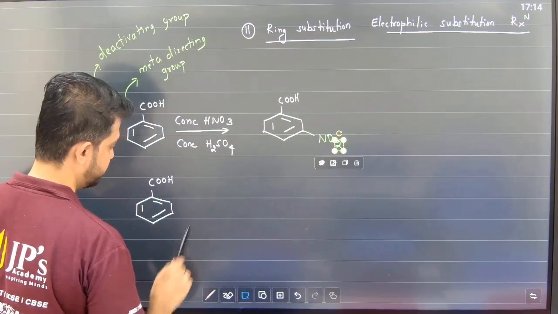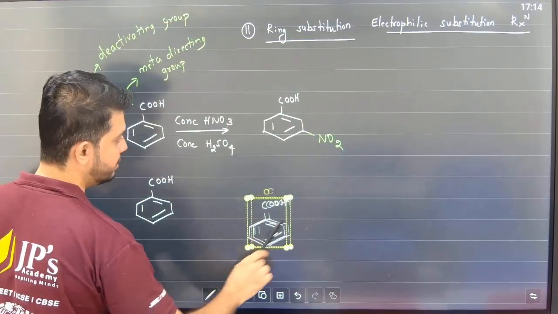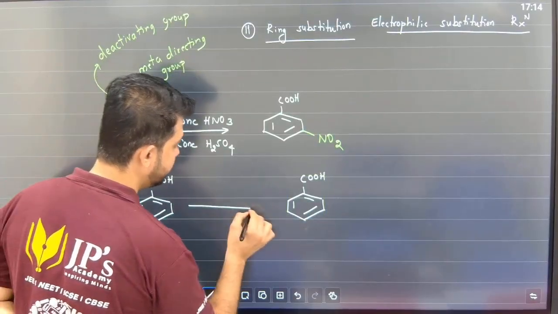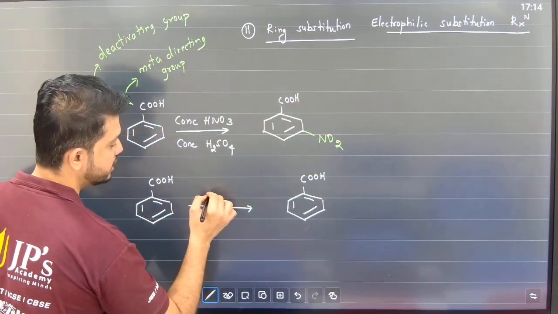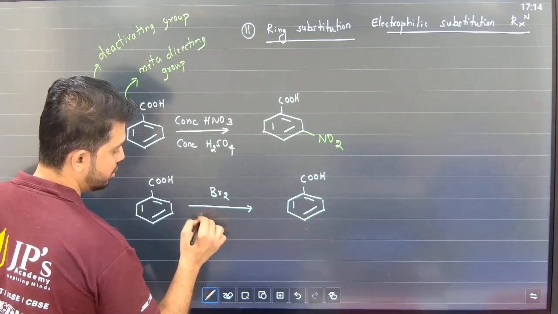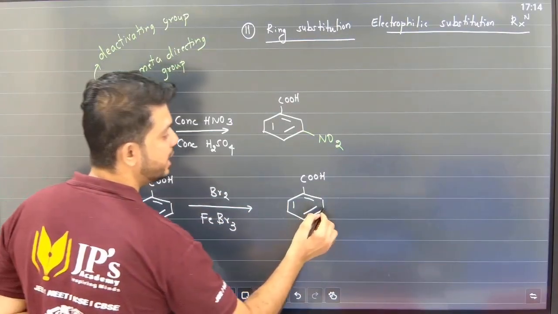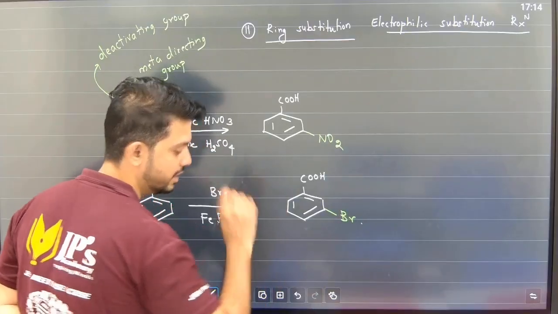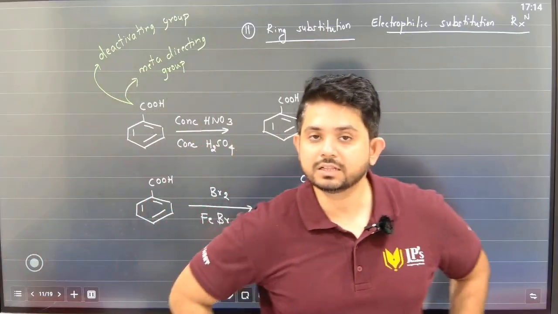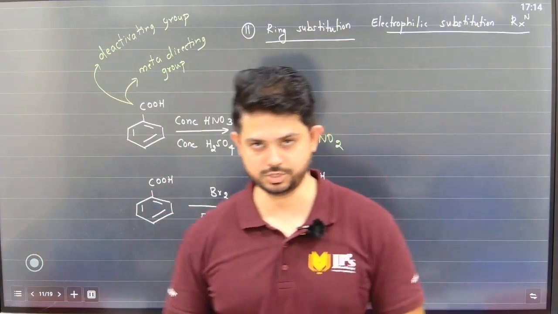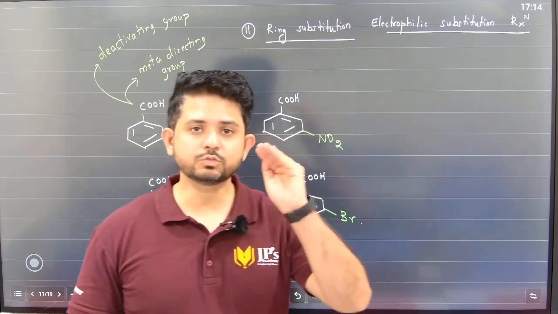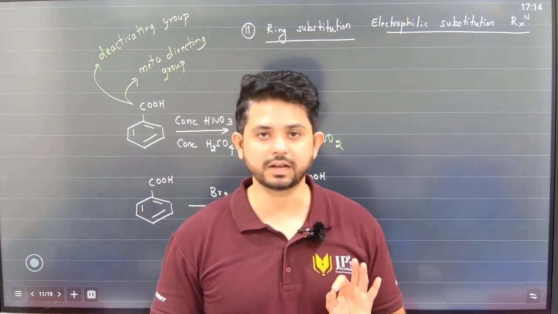And let's say we do one more reaction in which we have, let's say हम halogenation कर रहे हैं, Br2, हमारा Lewis acid, FeBr3, then the incoming electrophile gets attached at the meta position. So these were all the different chemical reactions.